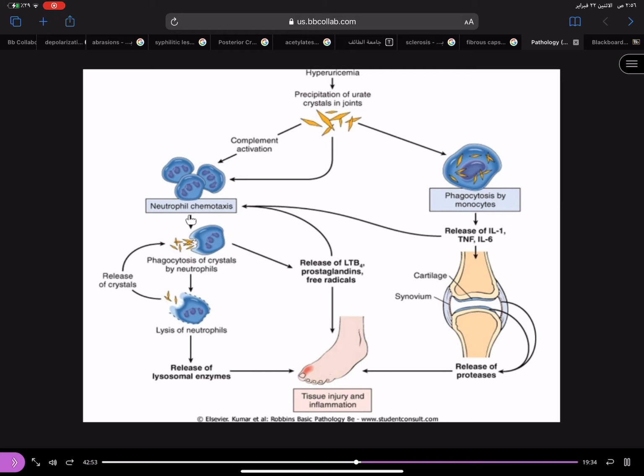Neutrophils will try to phagocytose the crystals, they will try to eat the crystals. A few neutrophils will lyse, break down, and lysosomal enzymes will be released. All of these events will lead to the signs of inflammation: tissue injury, swelling, redness, pain, loss of movement. Everything will occur due to inflammation.